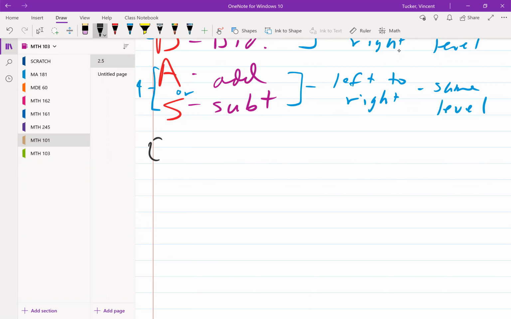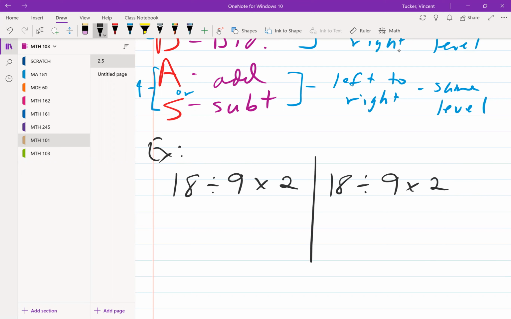All right, so when you look at a mini example, let's say I have 18 divided by 9 times 2. Now, if you just go off of the order of your PEMDAS, it would suggest that you would do multiplication first because in the order of the letters PEMDAS, M comes before D. But if you were to do that, it's 18 divided by 9 times 2, which is 18.